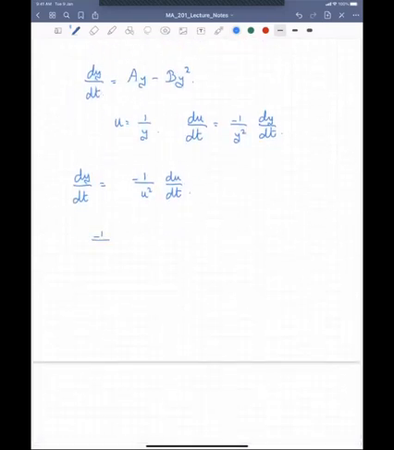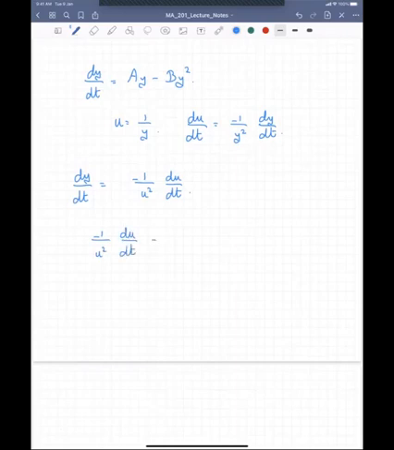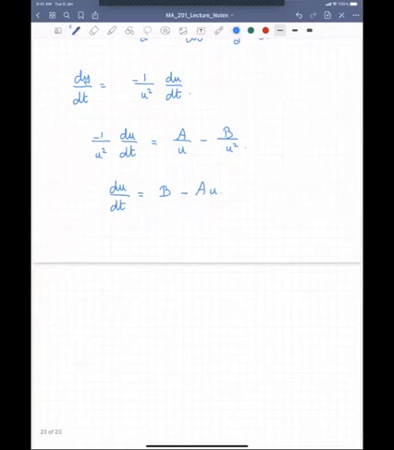On the left-hand side, dy/dt becomes minus 1 over u squared du/dt, and y is 1 over u, so the right side is a over u minus b over u squared. Multiply through by minus u squared and you get du/dt equals b minus au, which I can rearrange to write du/dt plus au equals b.